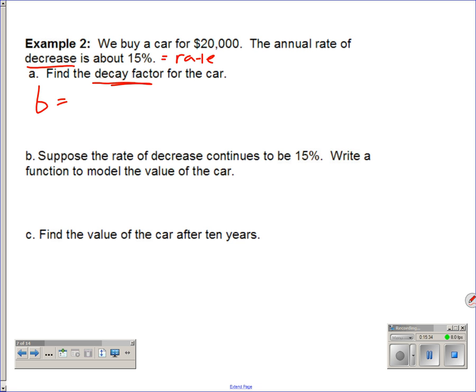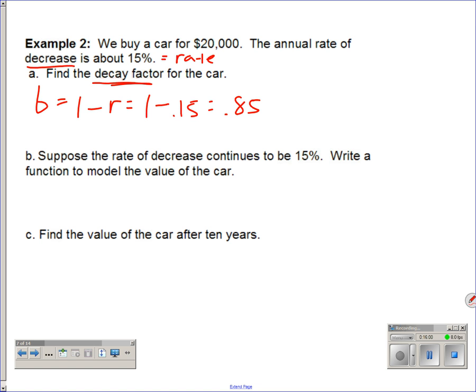Since this is decreasing, we find that by doing 1 minus our rate, or 1 minus 0.15. So basically that's 85%. What I'm saying is that after a year, since we're talking about annual, we have 85% of the value of the car.